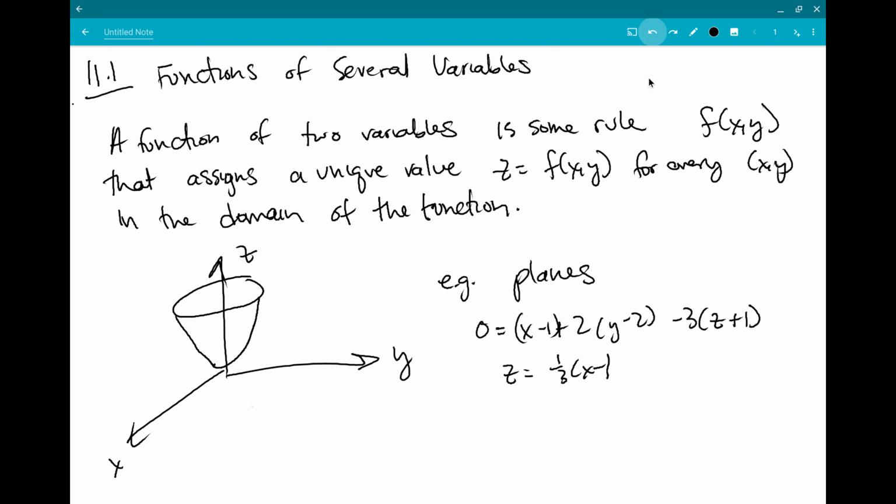Oh, that's a bad one. We'll fix it. Plus 2/3 y minus 2 minus 1. I just moved z over to the other side and then isolated it. But that right there is a function that depends on x and y only. And you could go ahead and check: anytime you pick a number for x and pick a number for y, you can calculate this and it's always going to give you the same answer, so you know that it is a function.